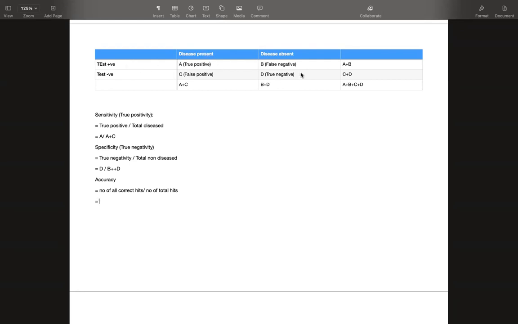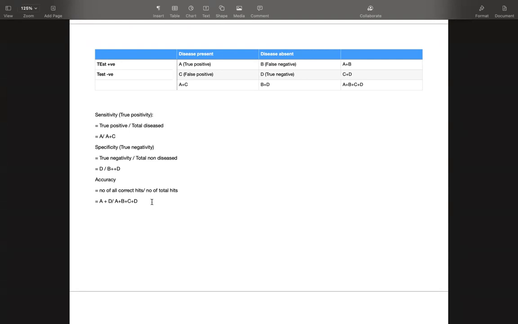And D are true negative: they test negative and they don't have the disease. So the number of all correct hits is A, which are true positive, plus D, which are true negative, divided by the total number of hits, which is A plus B plus C plus D. So the truth lies in the diagonal. Sorry, it is A plus D divided by A plus B plus C plus D.